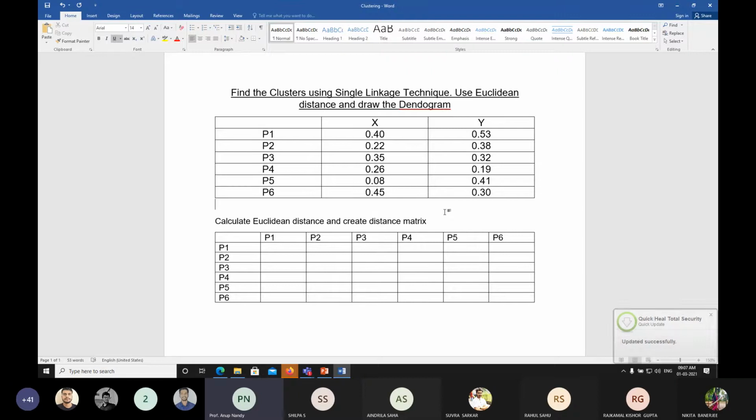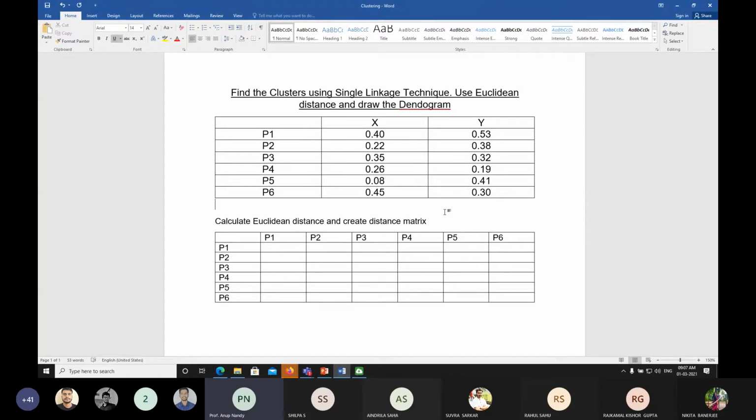The horizontal axis will be the x-axis, the vertical axis will be the y-axis. Then you just plot the data. I'm not going to plot it now, so you can plot it. Whenever you plot it, you will have 6 points.